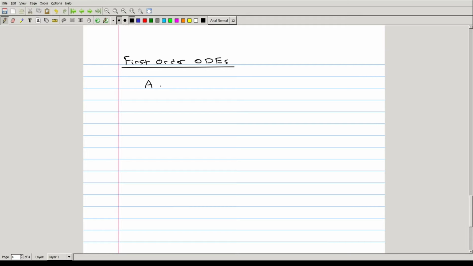But a single first-order ODE for a function y can be written as some function F of t, y, y prime equal to 0 for all t in some set.